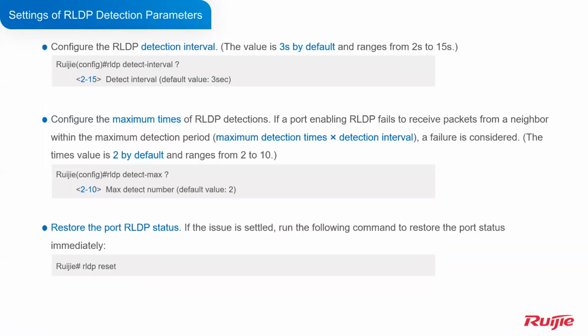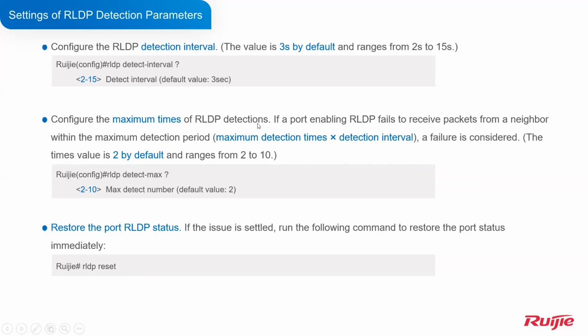And except that, we can set some parameters. For example, configure the RLDP detection interval, and the value is 3 seconds by default, ranging from 2 seconds to 15 seconds. By using the command rldp detect-interval, followed by the specific value, you can change it. Configure the maximum times of RLDP detections.